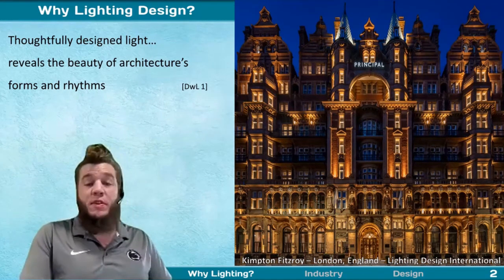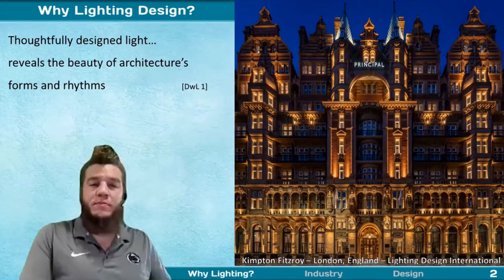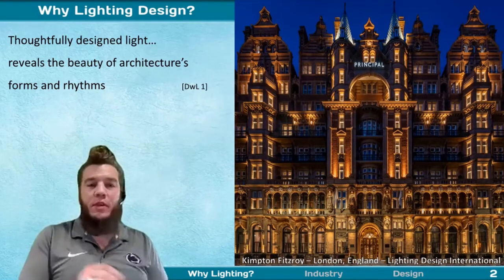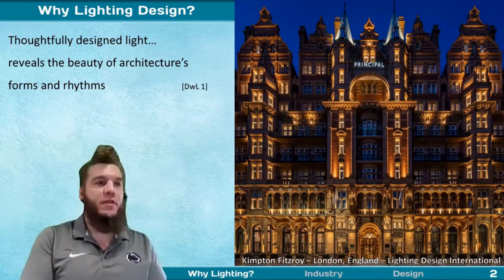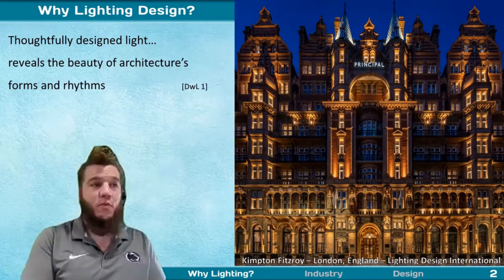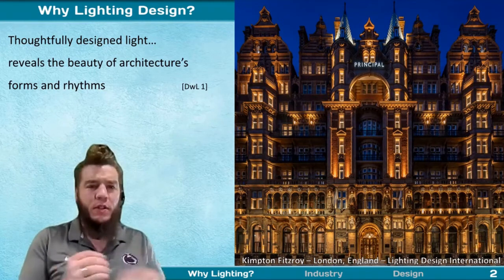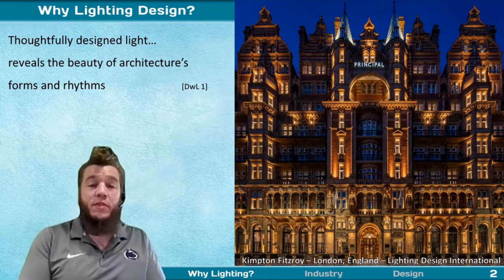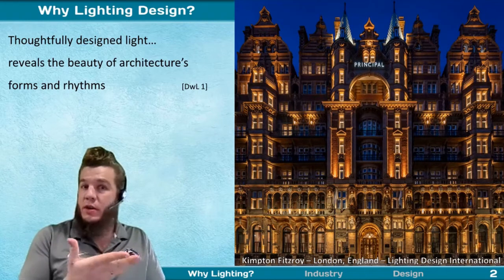So this project is actually a 2019 Radiance Award winner, so the top award winner for the International Association of Lighting Designers. And really, what this design does well is it makes use of contrast and shadow to reveal and obscure the key elements of the architecture in this building.